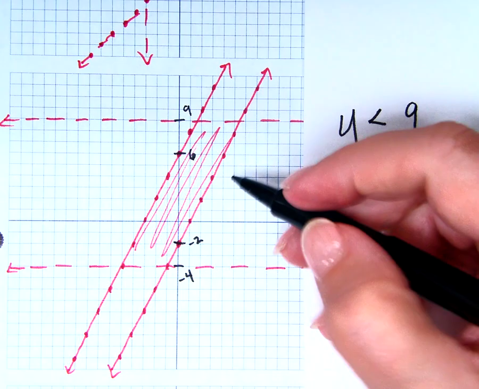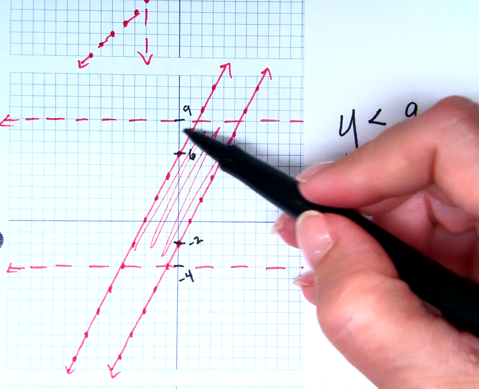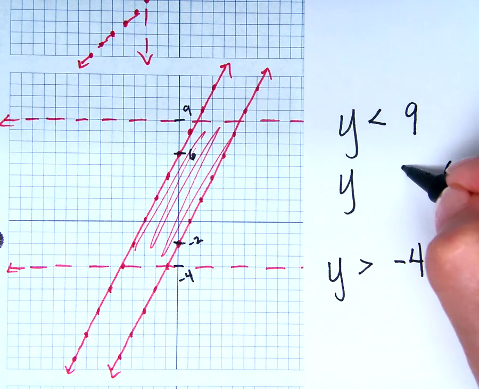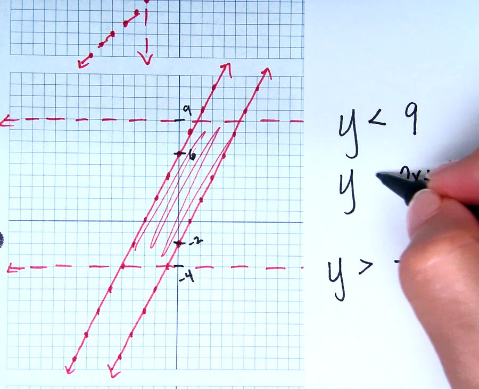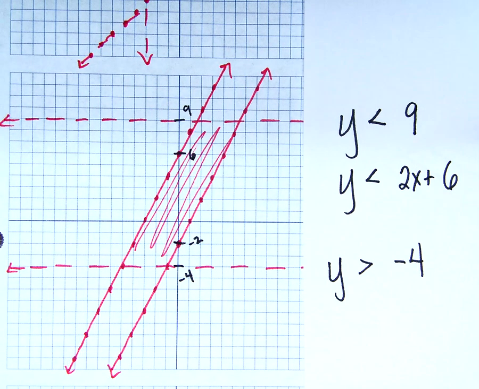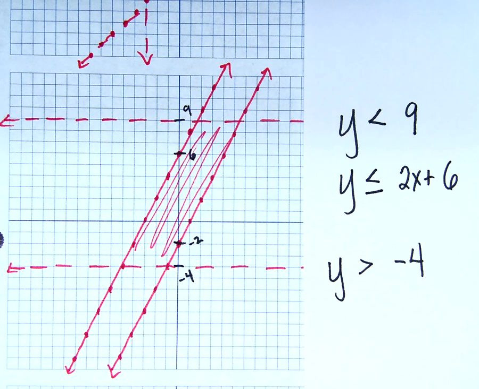The y-intercept is 6. What's my slope? 2. So 2x plus 6. Am I shading above or below? Below, so less than. And it's solid, so or equal to, right?